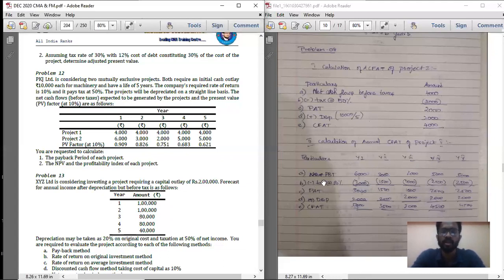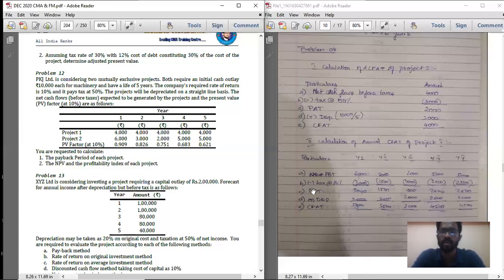Small a, profit before tax. This net cash flow before tax is nothing but profit before tax. For project 2, take down: year 1, 6,000; year 2, 3,000; year 3, 2,000; year 4, 5,000; and year 5 also 5,000. That is the profit before tax for each year.